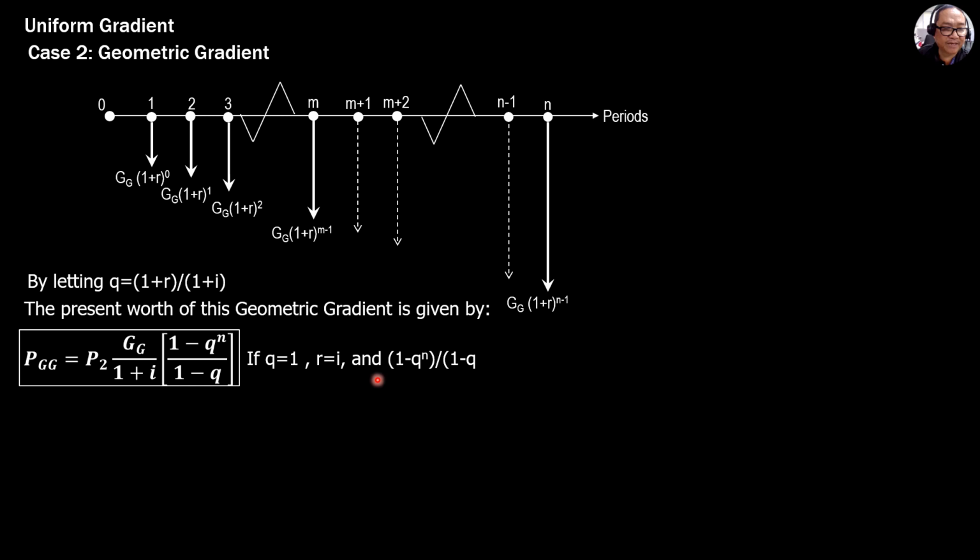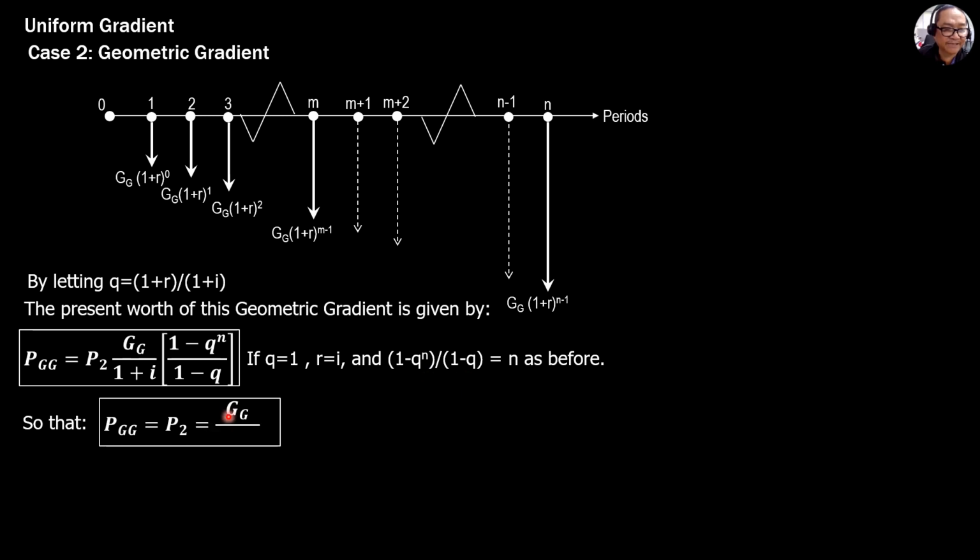Then if Q is 1, R is I, and 1 minus Q to the n over 1 minus Q equals n, as before in the preceding slide. So we will show that now. So that P sub Gg reduces to G sub G times n over 1 plus I. So we replace the whole of this by n, which is shown here. So that would be the resulting present worth of the geometric gradient only for this portion.